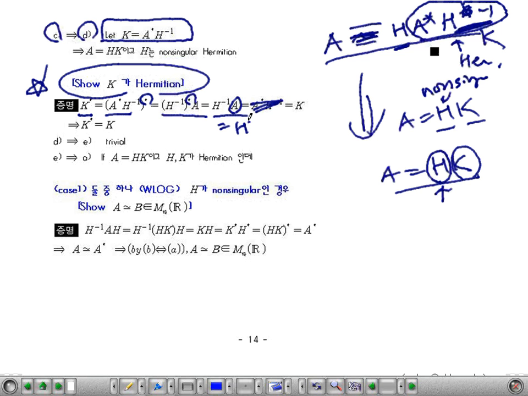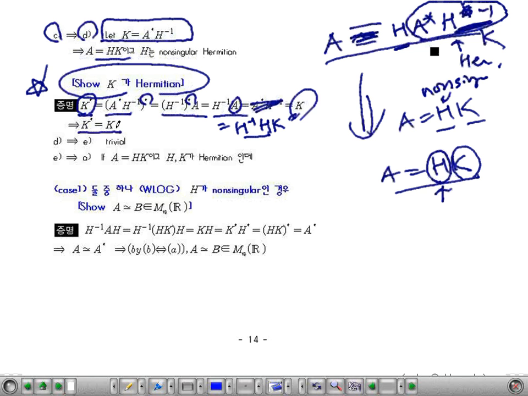A was HK, isn't it? So the H cancels, and it's just K. So K star is the same as K. Okay? Done.